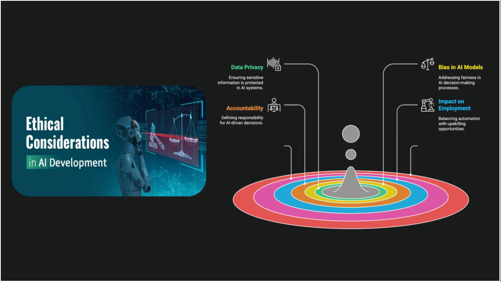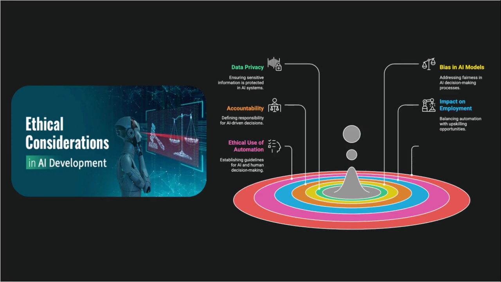4. Impact on employment. Automation can replace repetitive tasks but also create new roles in AI oversight. Organizations must invest in upskilling employees to adapt to AI-driven workflows. 5. Ethical use of automation. Some critical decisions require human intervention, for example, safety-related incidents.